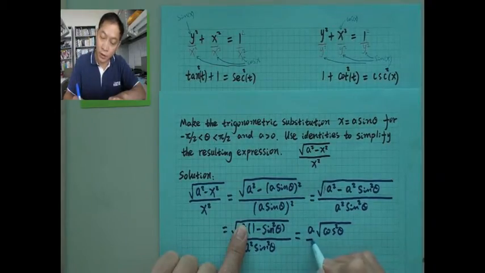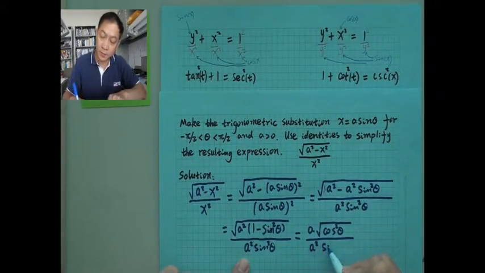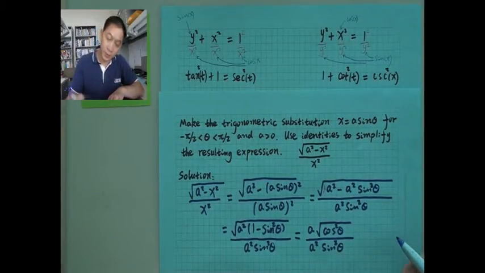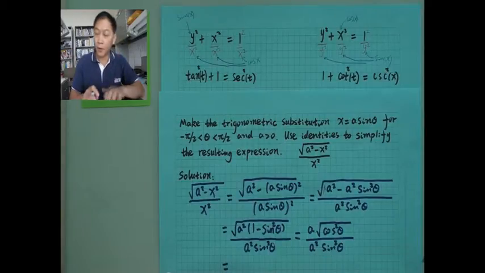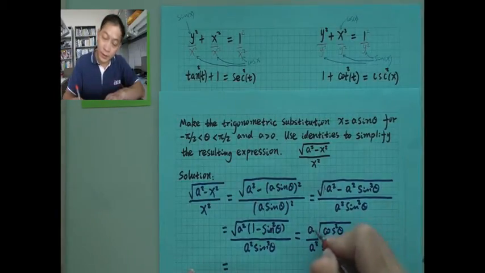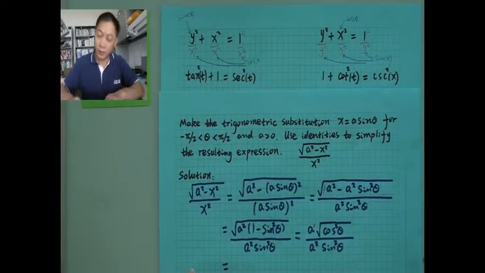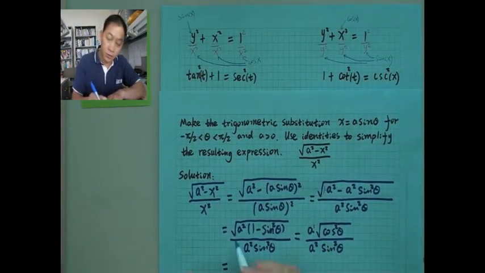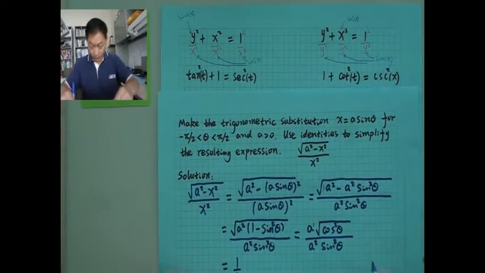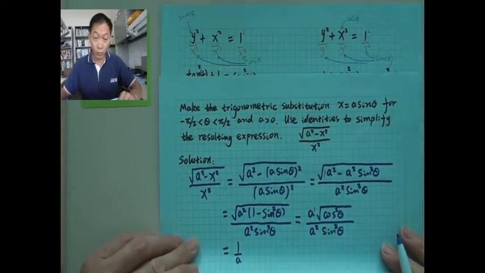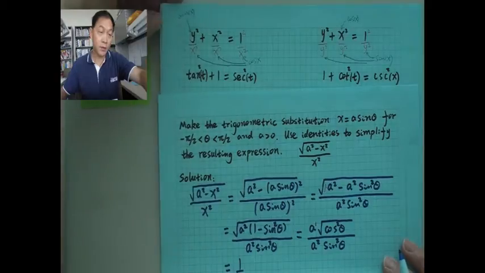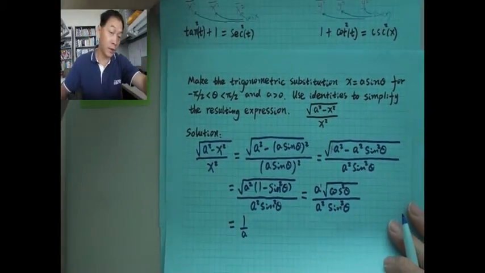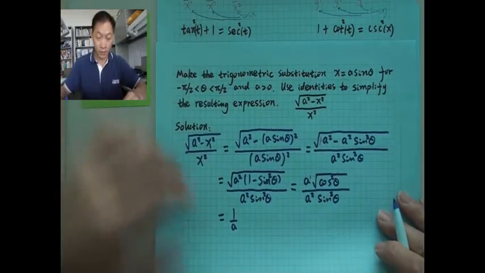And then over a squared sine theta squared. Keep going. You have a, which is actually a to the first, and you have a downstairs. So there is a 1 over a in front of it. I need to move this up a little bit. Also this one. Okay. Great.